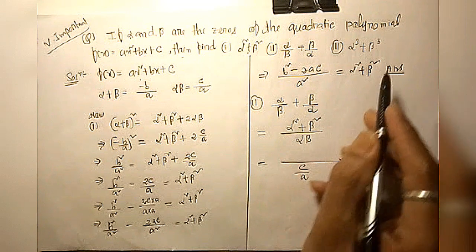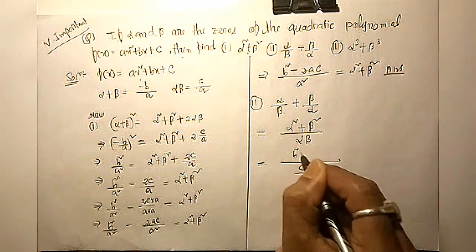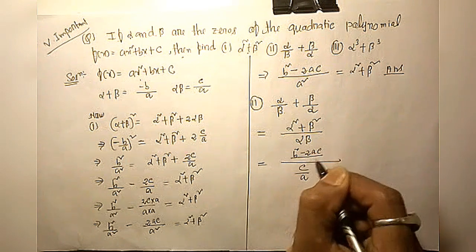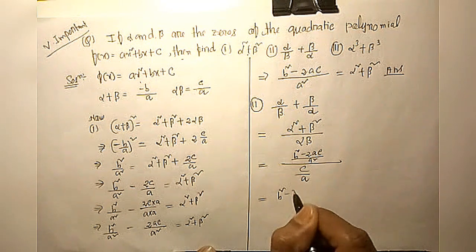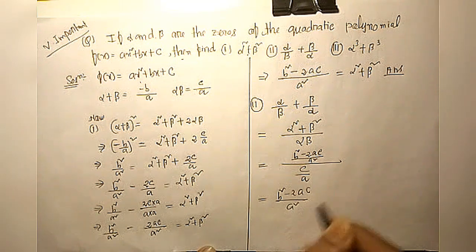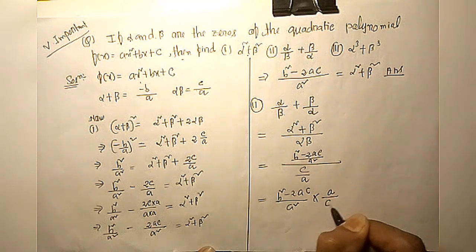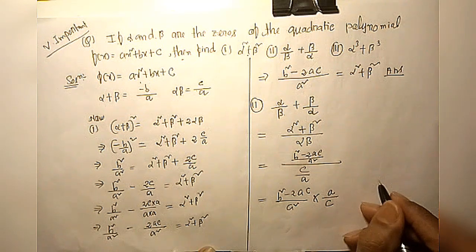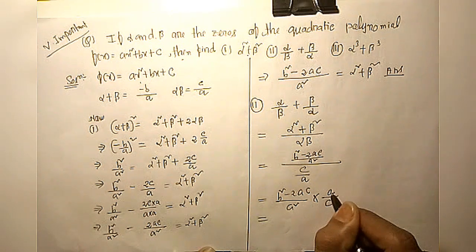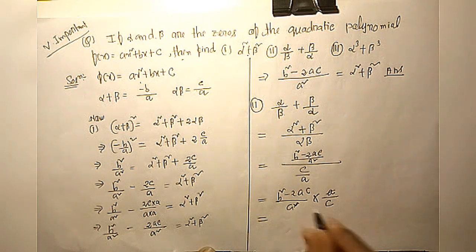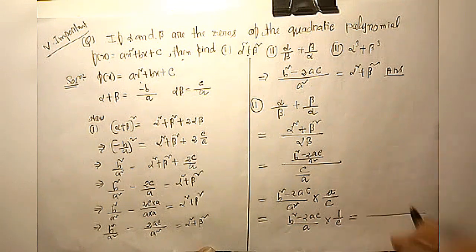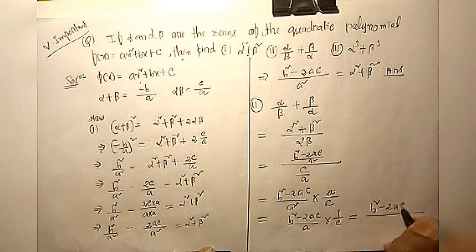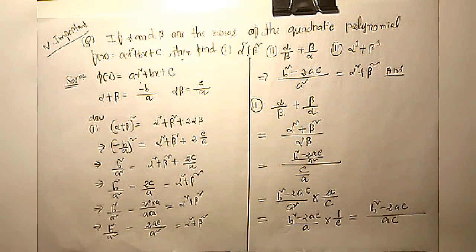Alpha square plus beta square is b square minus twice ac by a square. And c by a becomes reciprocal a by c. So b square minus twice ac by a square times a by c. You can cancel one a. So b square minus twice ac by a into 1 by c, so b square minus twice ac by ac.